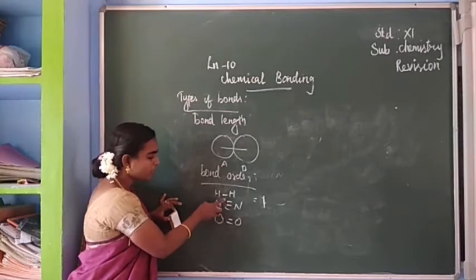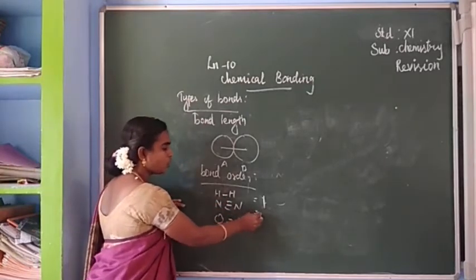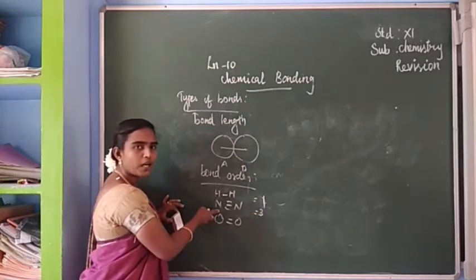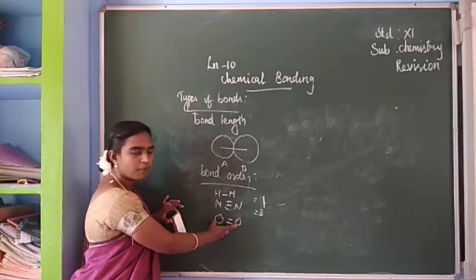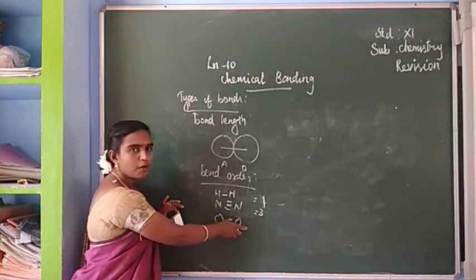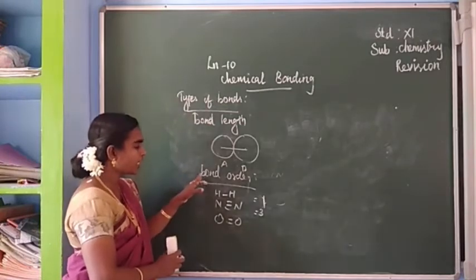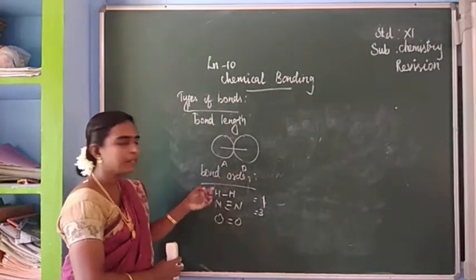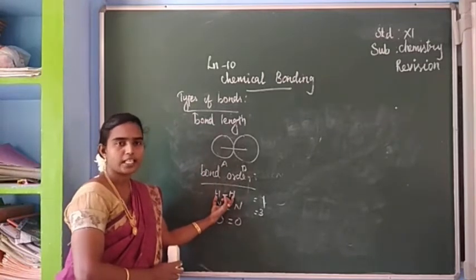How many bonds are present in the N2 molecule? 3. So what is the bond order of the N2 molecule? 3. How many bonds are present in the oxygen molecule? 2. So the bond order is 2. Is it clear? So the bond order is the number of bonds between the 2 atoms which are bonded covalently.